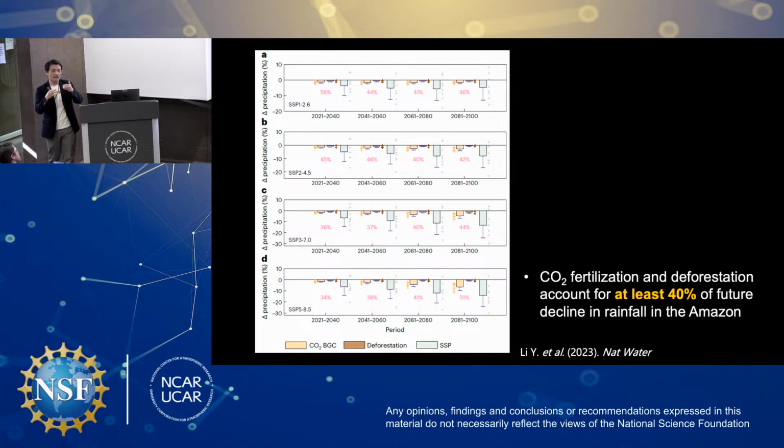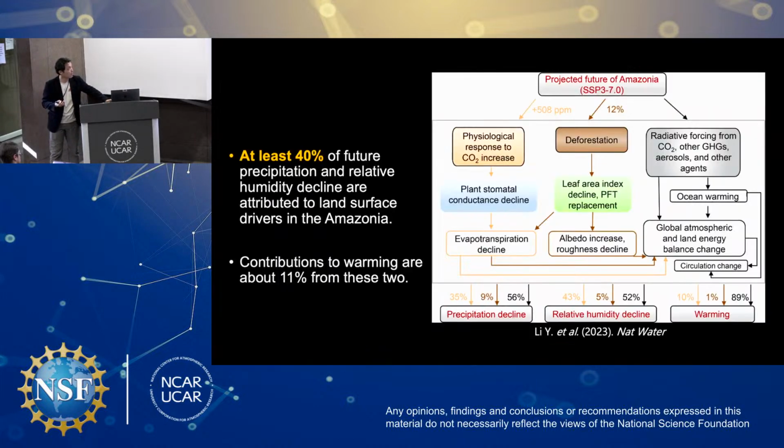This gives some implication for natural climate solutions: even if we stop the deforestation right now, the continued CO2 increase caused by fossil fuel emissions will continue to influence the precipitation and also cause future meteorological drought in the Amazonia.